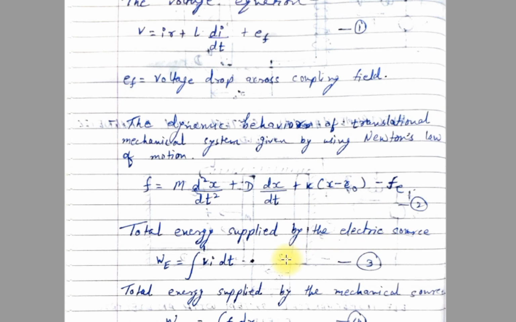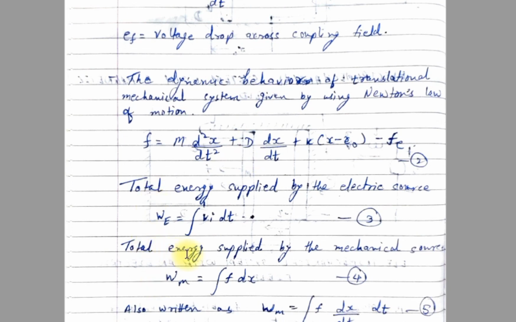So now the total energy supplied by the electric source, that is W capital E, is equal to the integration of V into I dt. Now here we know what is V. We have already seen it in the first equation.